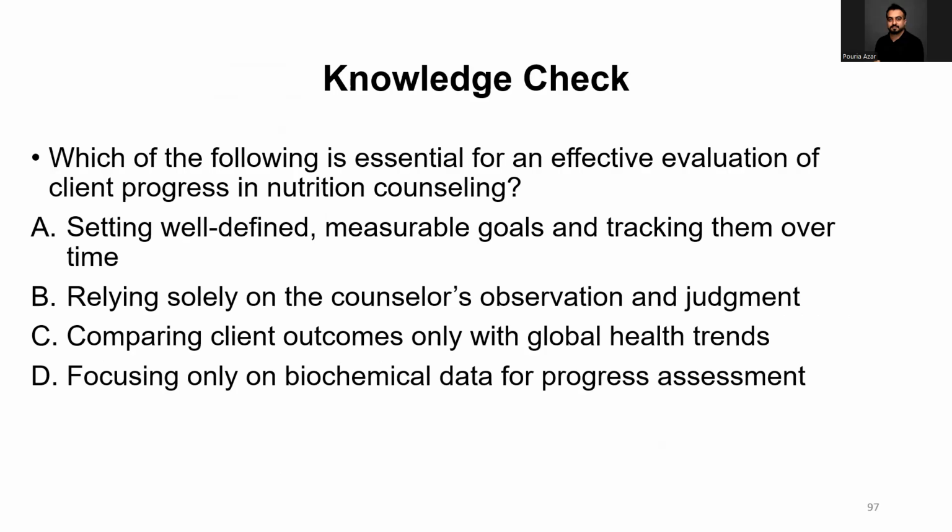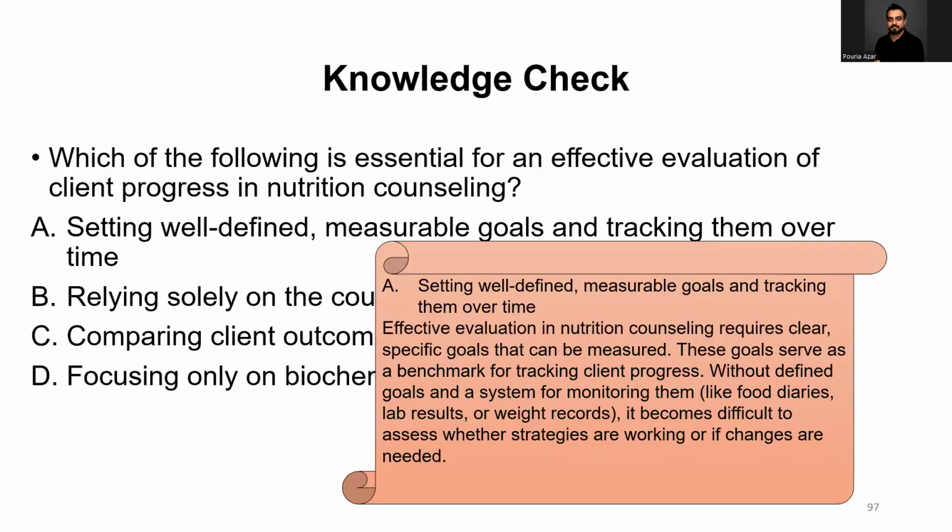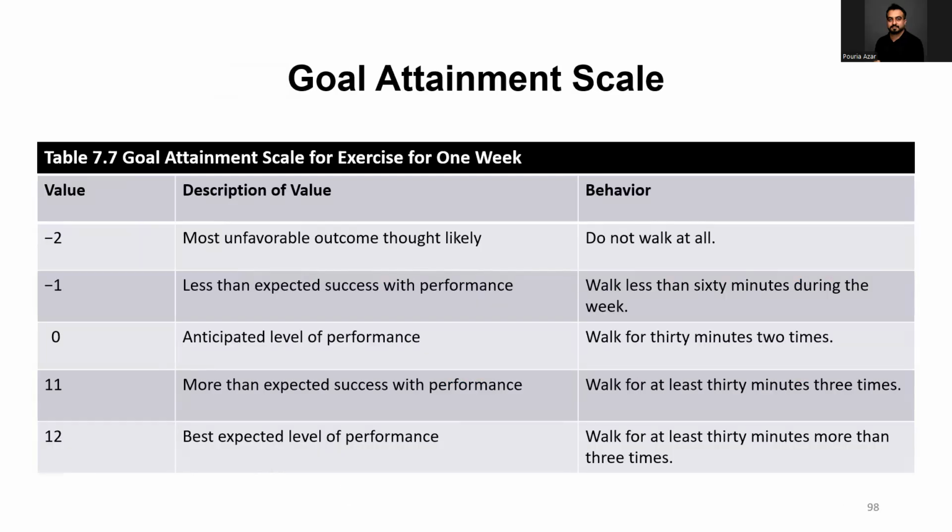Which of the following is essential for an effective evaluation of client progress in nutrition counseling? The first one, setting well-defined measurable goals and tracking them over time. This is the goal attainment scale.